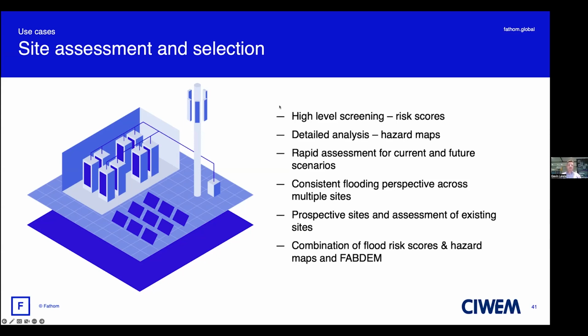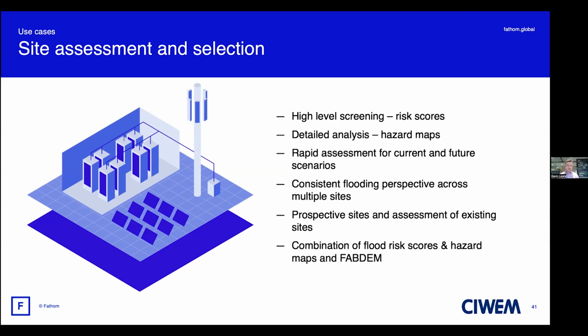But for more detailed analysis, the flood and climate hazard maps will give a much more in-depth review of each site, using all the three sub-perils together with both the defended and undefended views of fluvial and coastal flooding. And these data sets are used a lot by our clients and partners for a range of feasibility assessments.